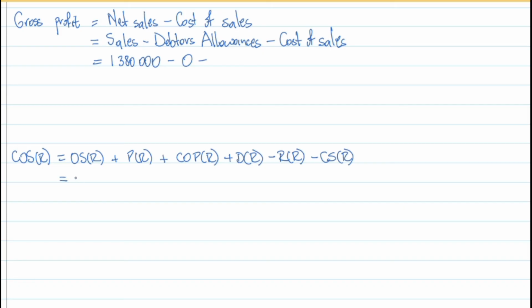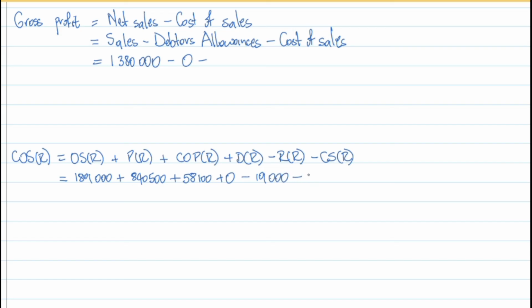The value of opening stock is 189,000 rands. Our purchases are given as 840,500 rands. The cost of carriage on purchases is 58,100 rands. There are no duties in this question. The value of returns is given as 19,000 rands.